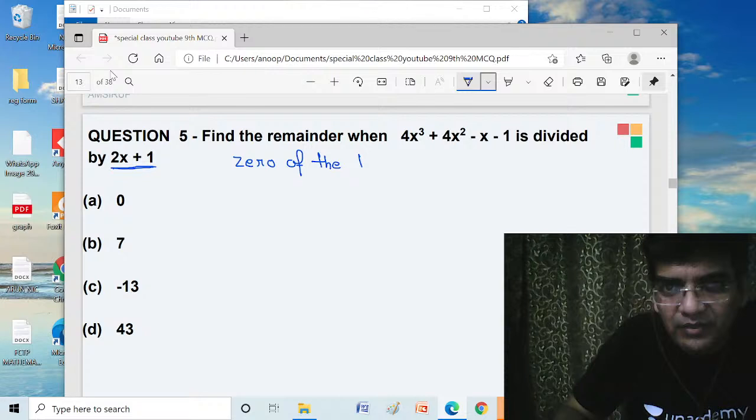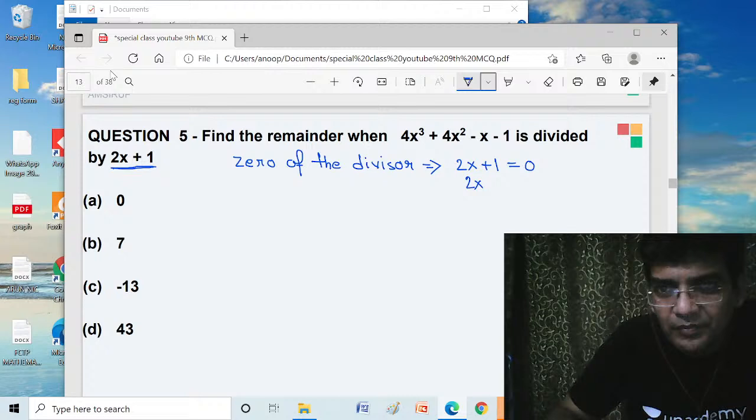We will equate this divisor with 0 to get the value of x. So x is equal to minus 1 upon 2. We have got the value of x. Now this will be known as the zero of the divisor.